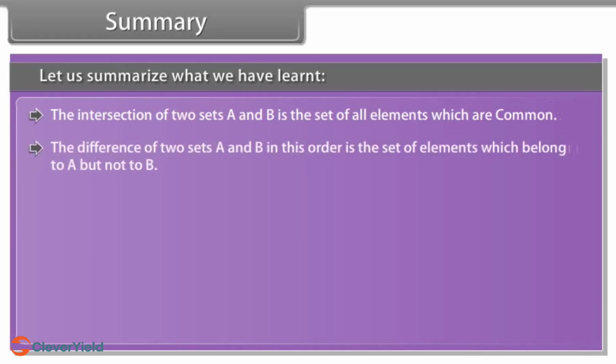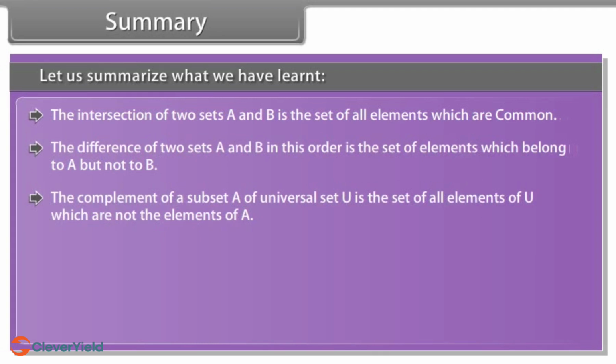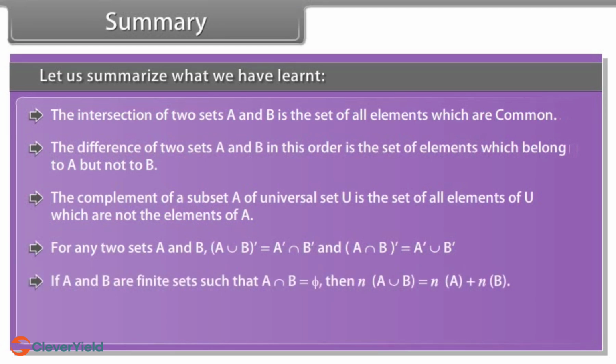The difference of two sets A and B in this order is the set of elements which belong to A but not to B. The complement of a subset A of universal set U is the set of all elements of U which are not the elements of A. For any two sets A and B, complement of (A union B) is equal to complement of A intersection complement of B, and complement of (A intersection B) is equal to complement of A union complement of B. If A and B are finite sets such that A intersection B is equal to phi, then n(A union B) is equal to n(A) plus n(B).